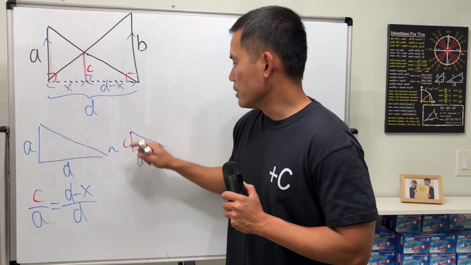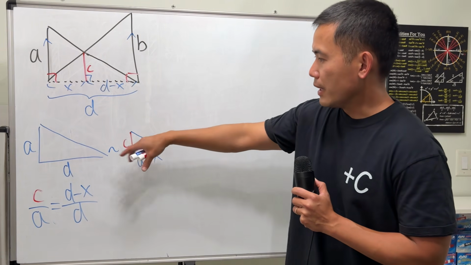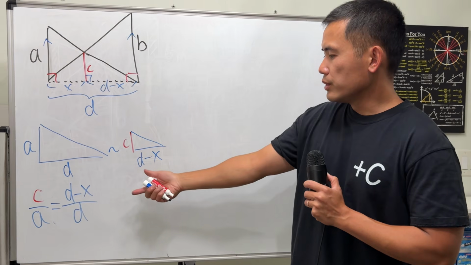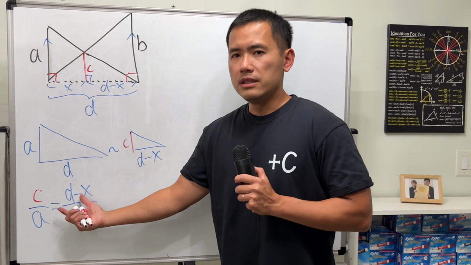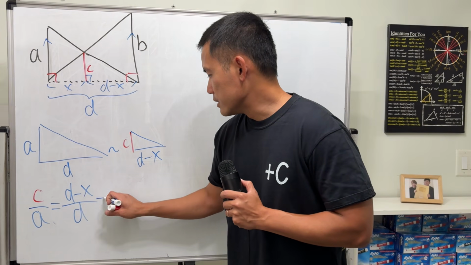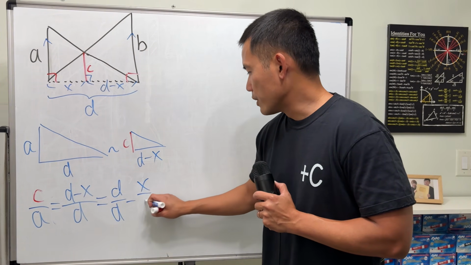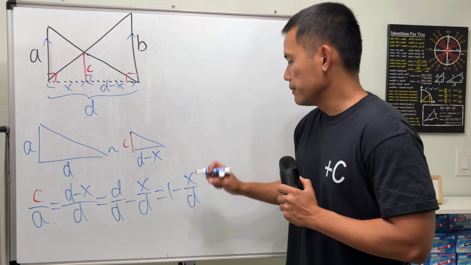Because they are similar, as long as you do the small to the big one in the same place, then you have a proportion. The reason I chose to do it this way is because I want to have two things on the top right here. It's easier to simplify, because now you can see that's the same as d over d minus x over d, and that's just 1 minus x over d.